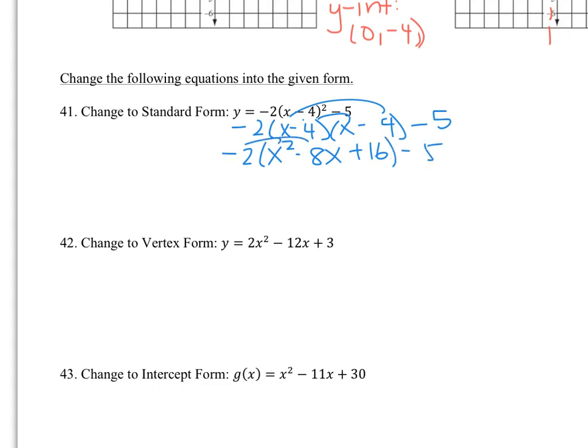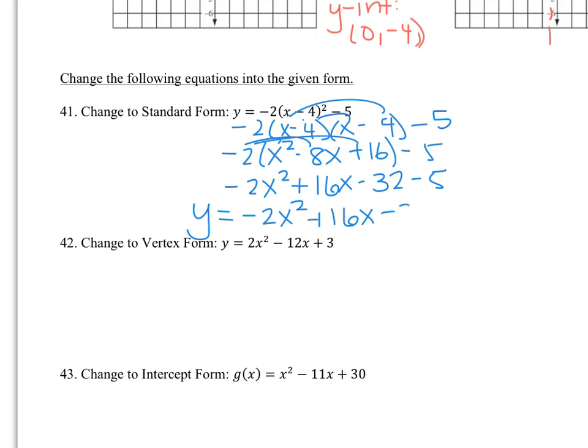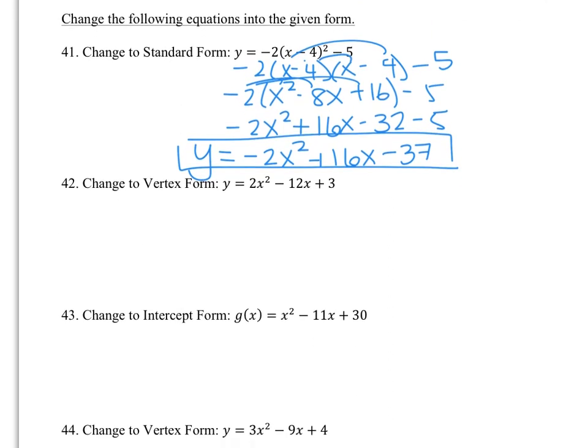So now I got to distribute this -2. So I have -2x squared plus 16x minus 32 minus 5. So now I have y equals -2x squared plus 16x minus 37. You want to make sure you include y equals so you don't lose points.